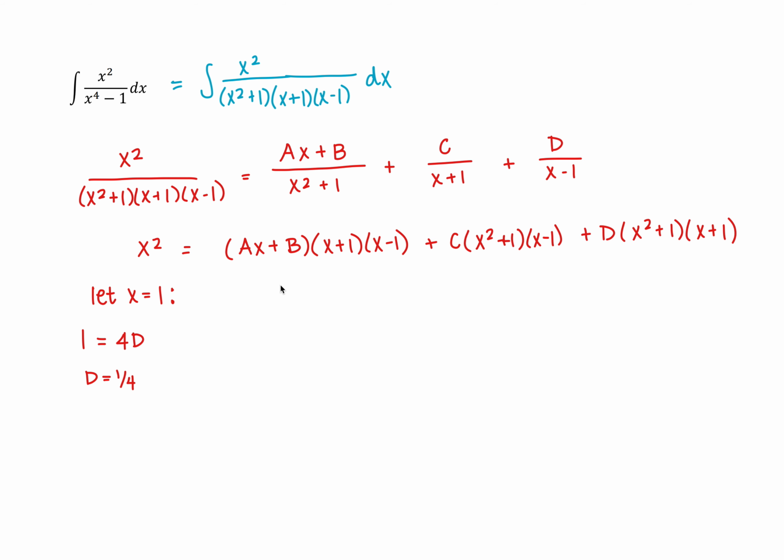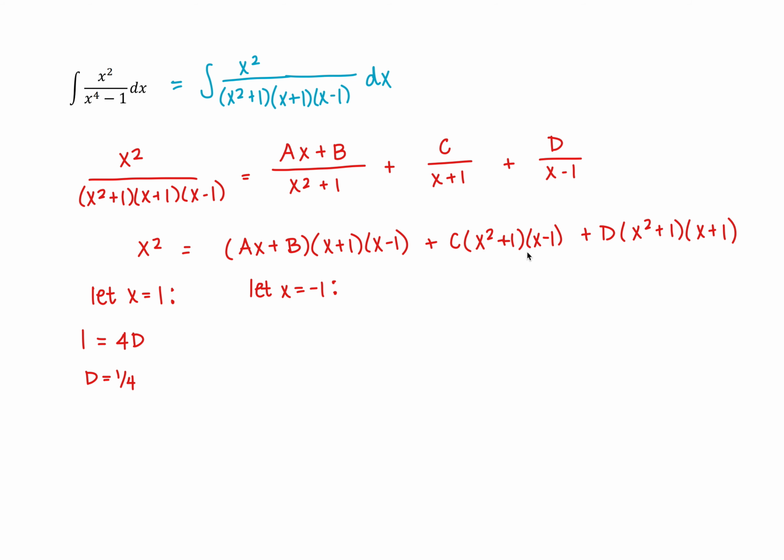Now I'm going to do something very similar. I'm going to let x equal -1. And if x equals -1, the first bit here with the a and the b is going to go to 0 again because -1 plus 1 goes to 0. And the part here with the d will also go to 0.